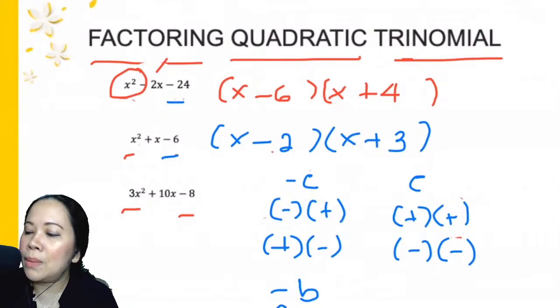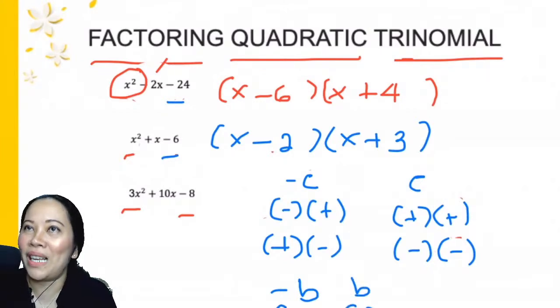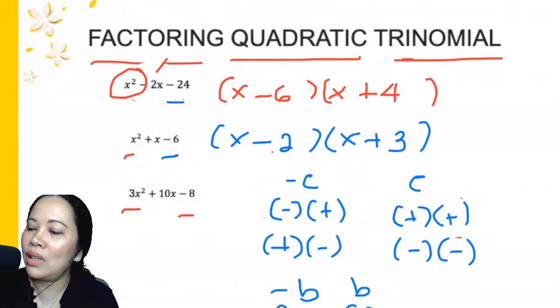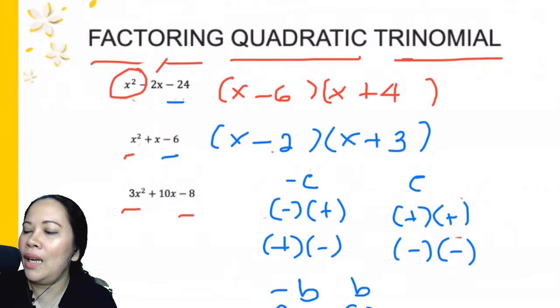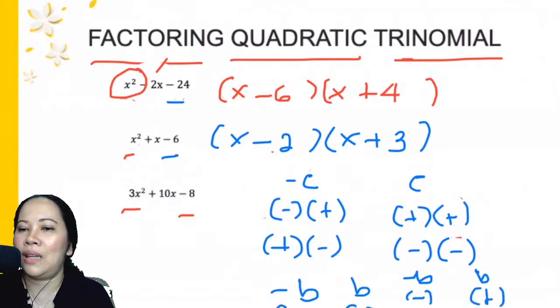If b is positive, that means the bigger factor should be positive. Is it clear? Of course, if c is positive and b is negative, that means both factors will be negative. And if b is positive, that means both factors are positive.